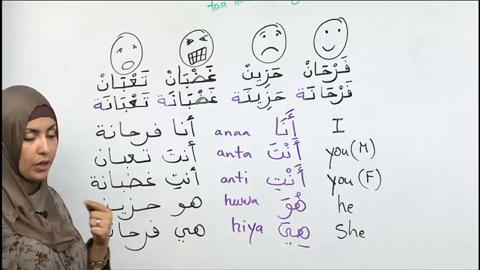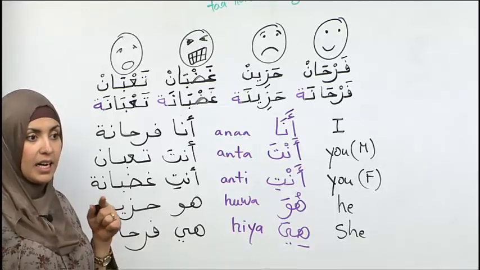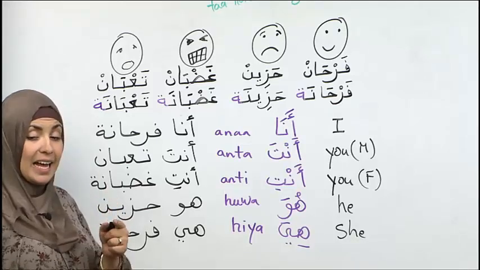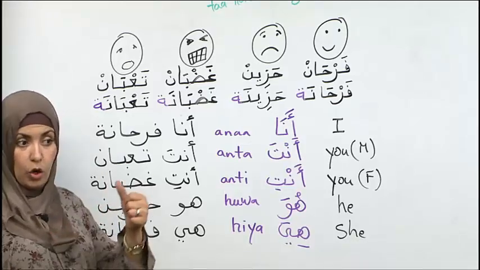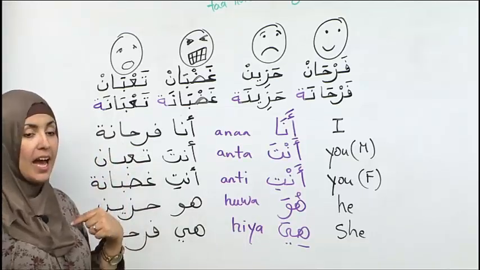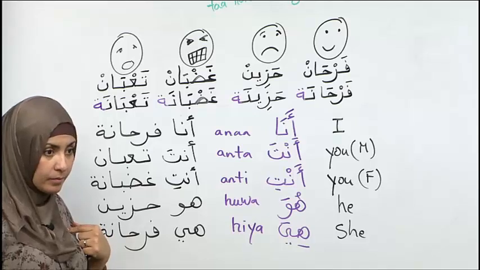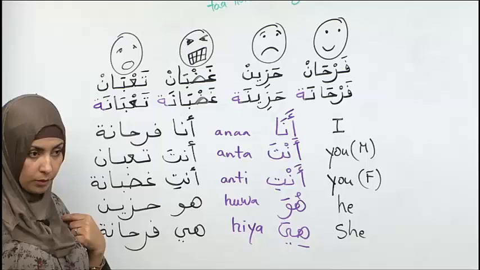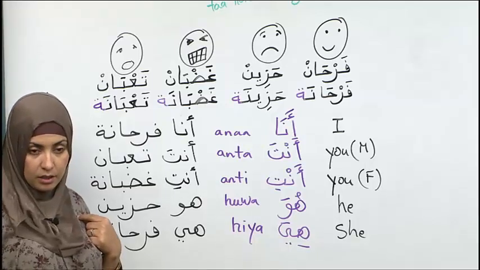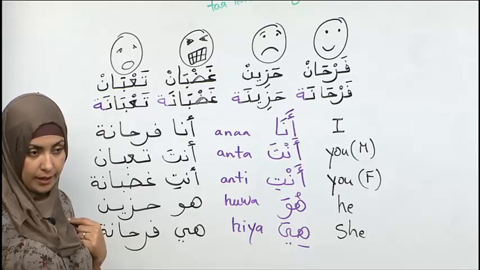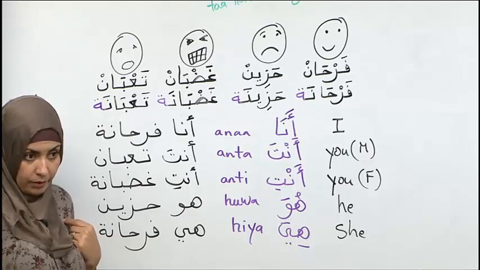أنا فرحانة or أنا فرحان. Because in Arabic, the person speaking does not change the gender of the adjective. Okay? I can say أنا فرحانة because I'm a female talking.